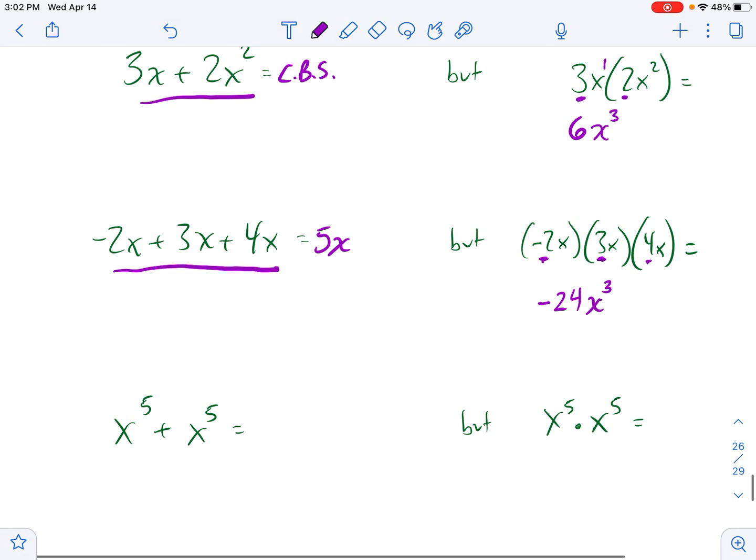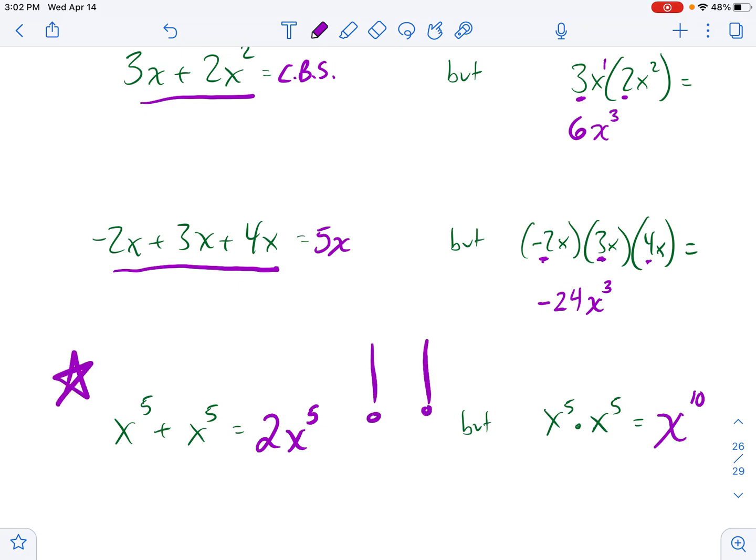All right, x to the fifth plus x to the fifth. Okay, same variable to the same power. Cool. So what I have is 2x to the fifth. Now x to the fifth times x to the fifth, I'm going to add my exponents, and I will get x to the 10th. Please be careful here. This is maybe a good one to remind yourself of.